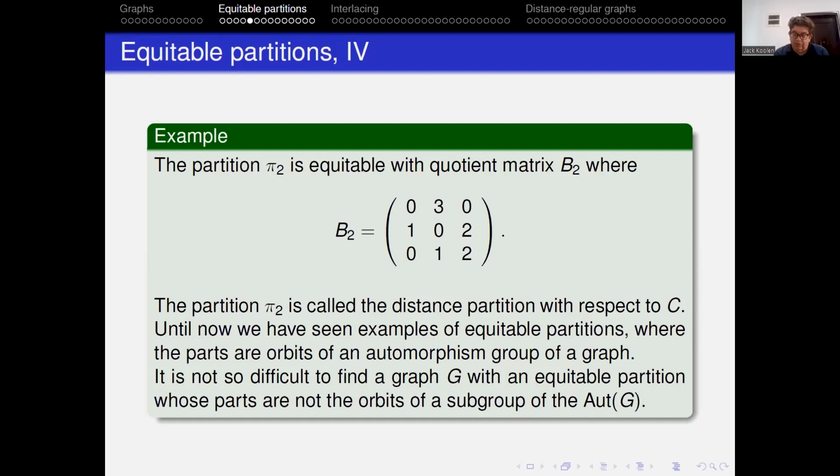Many graphs are not vertex transitive but still regular. If you take a regular but not vertex transitive graph, then if you take the vertex set as the only part in your partition, that is still an equitable partition, yes? With only one part it is very trivial, but still equitable. But that is then not an orbit of the graph.